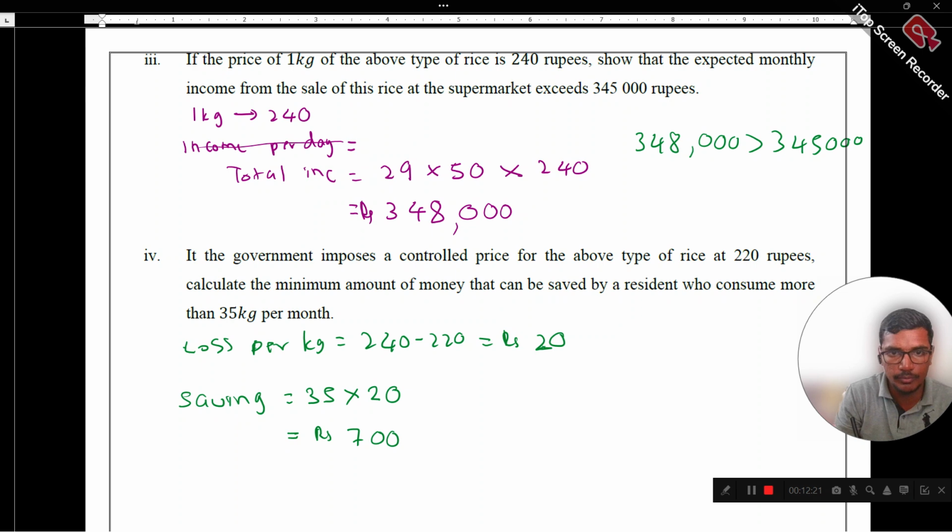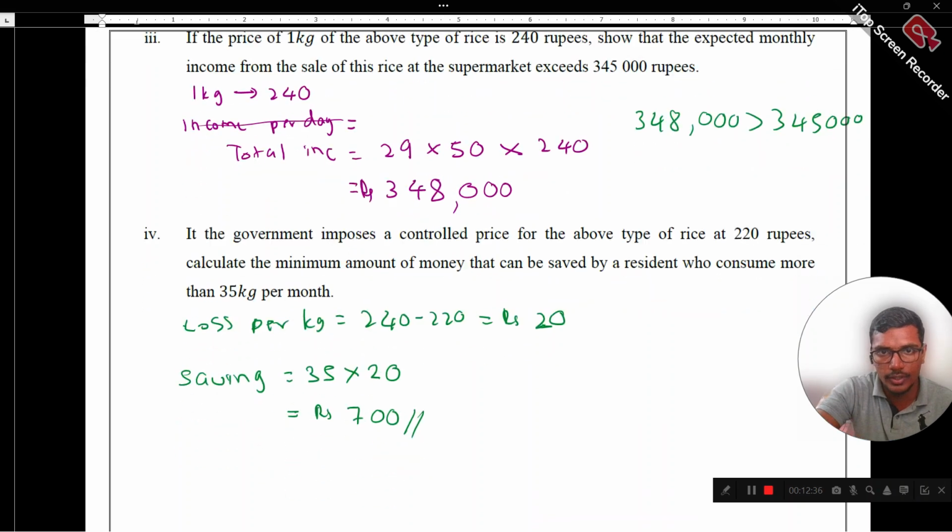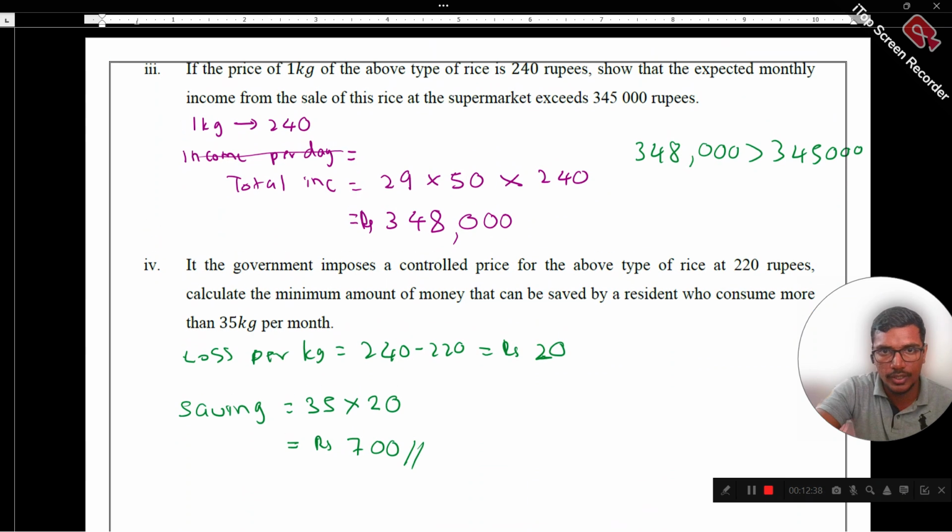Minimum amount will be 700 because he is consuming more than that. So if he consumed at least 35 kilograms, he will save rupees 700. Okay, I think it's clear. We'll discuss the next question in the next video.